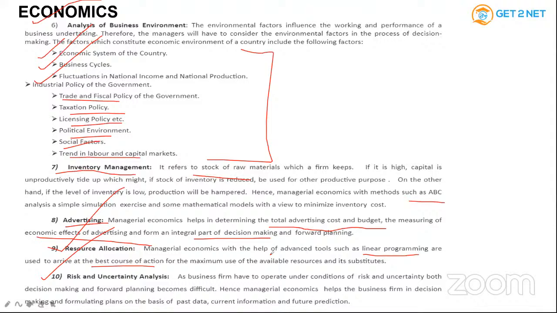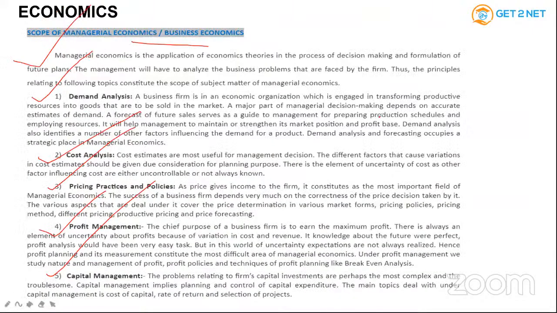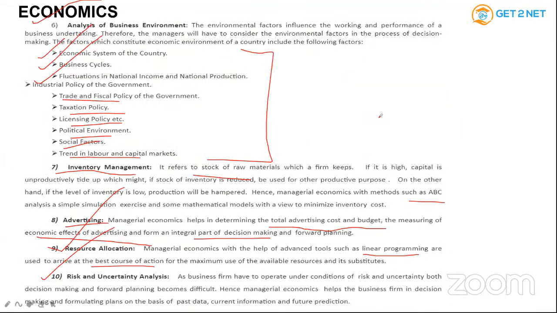How much uncertainty is there whenever we are taking decisions, going for forward planning, or going for future prediction? These are very important within the scope of managerial economics or business economics. Clear till this much? Clear or any doubt?